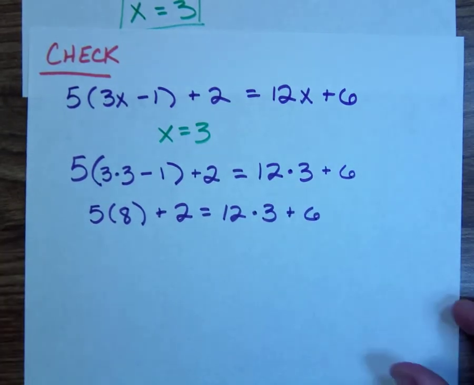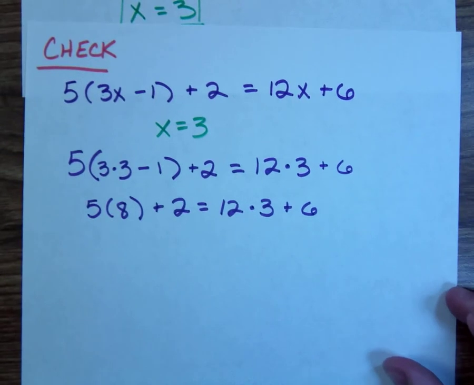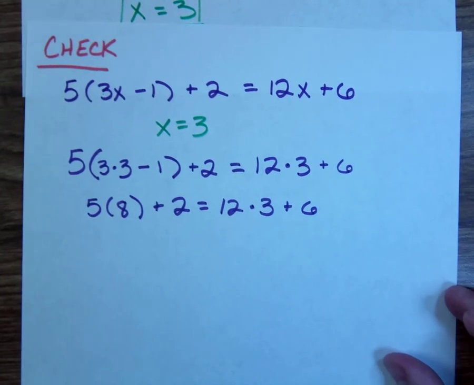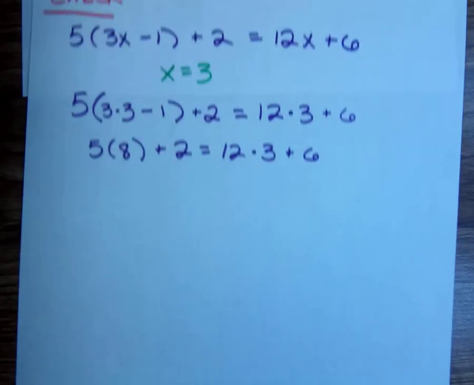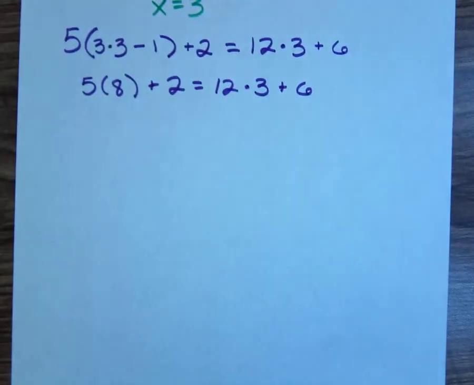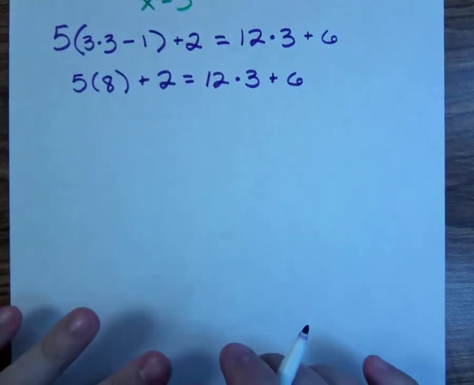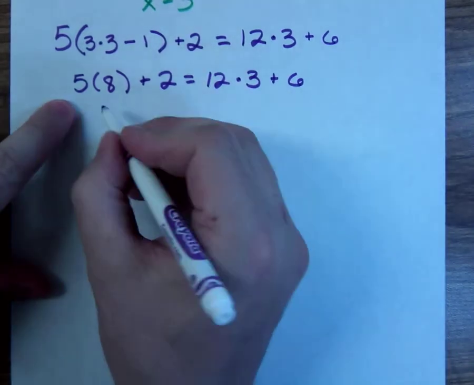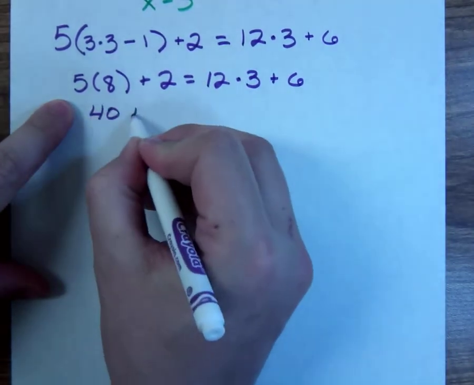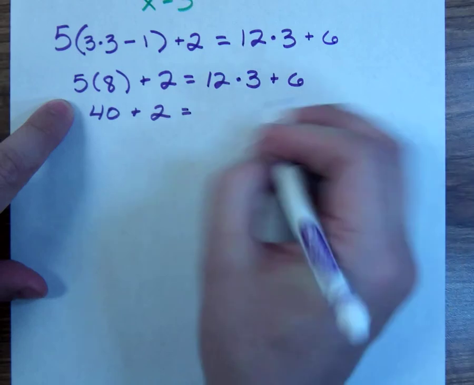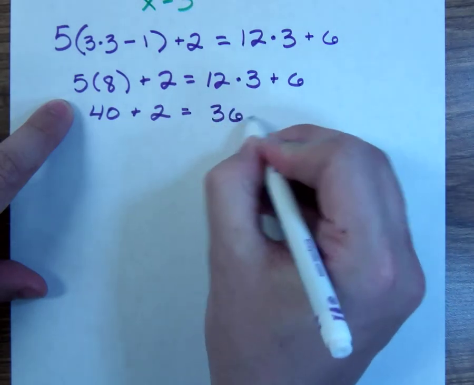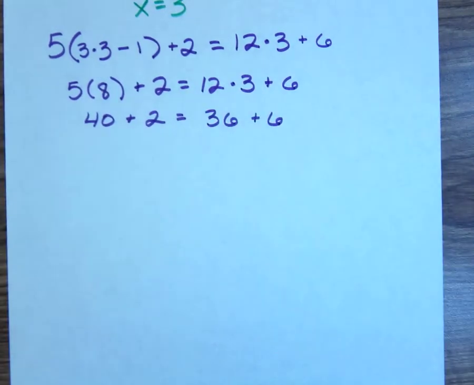So with the parentheses taken care of, what does Aunt Sally tell us to do next? Yeah, multiplication and division. I don't see any division, so let's do multiplication. 5 times 8 is 40. 12 times 3 is 36. I'm going to do the multiplication on both sides.